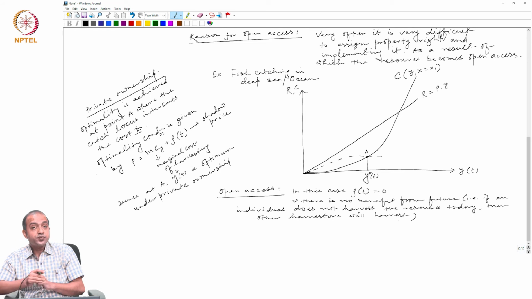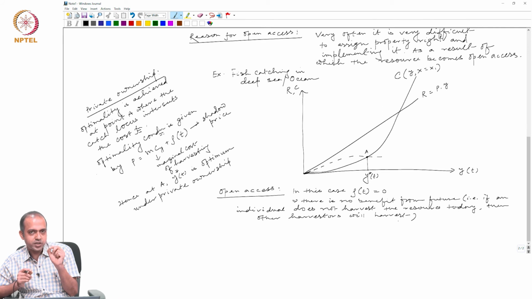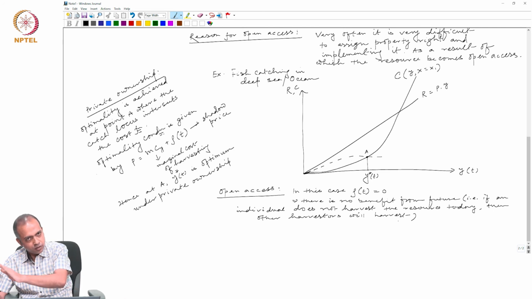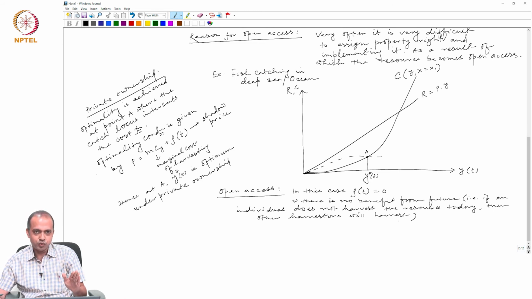What is the meaning of rho t equals 0? Rho t is basically the shadow price. In case of single ownership, when I use the resource today, there is some kind of opportunity cost because the resource won't be available for the future. If I do not use it today, the resource will be there for tomorrow's use, no one else will come to extract it. That is why in case of private ownership it makes sense to preserve the resource for tomorrow, and we impose some positive rho t value.